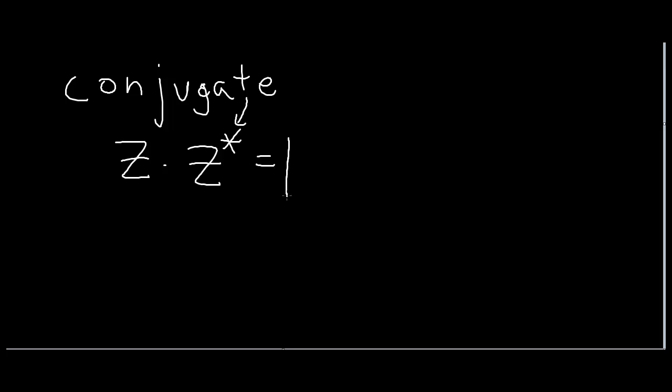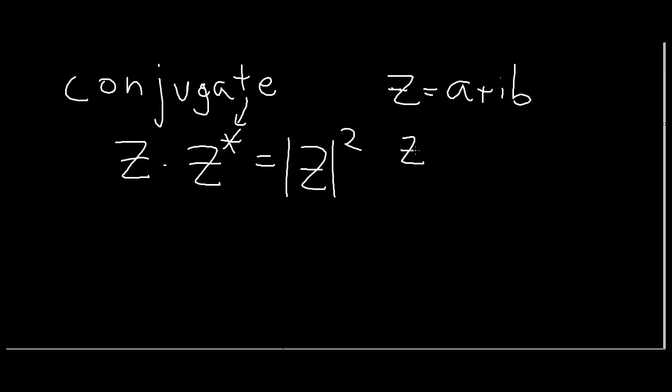To be specific, that real number should be the square of the magnitude of the complex number. In your a plus ib form, we want to make something that gets rid of the i's. You may or may not remember that we have to multiply by a minus ib. Demonstrating how that works.